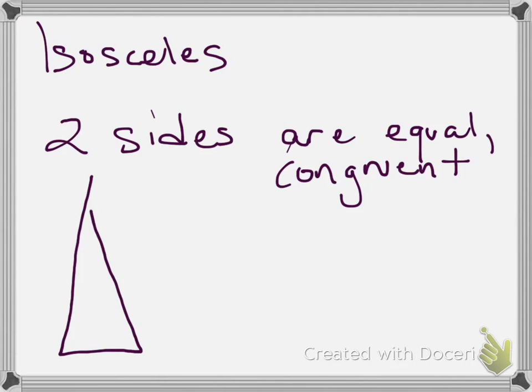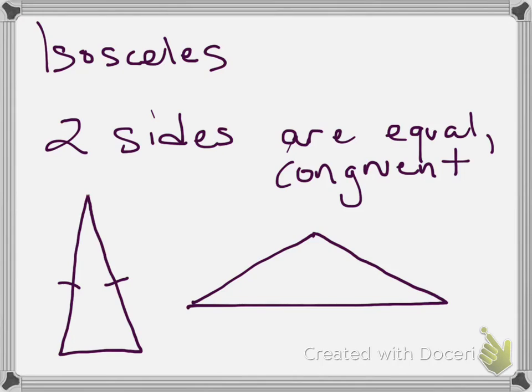One is the tall, skinny version, and in the tall, skinny version, this side is congruent to this side. The other one is kind of a squatty looking triangle that has a big obtuse angle on top. Kind of looks a bit like an Egyptian pyramid. And again, this side would be congruent to this side.